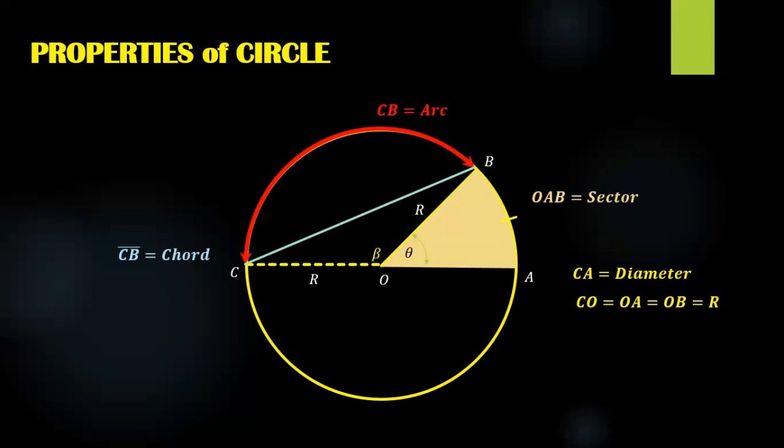A chord is a straight line. The chord is covered by arc CB. But CB is a straight line and the arc is a fraction of the circumference of the circle. So arc and chord are different.